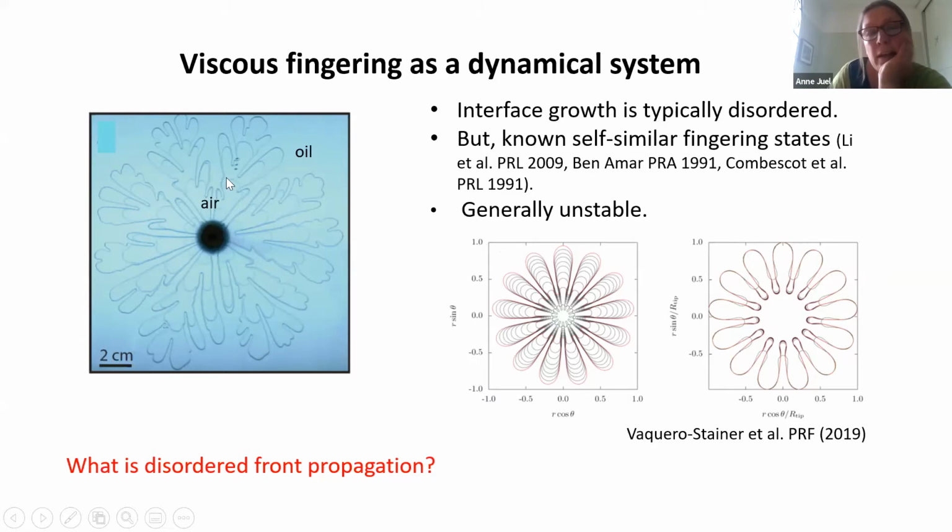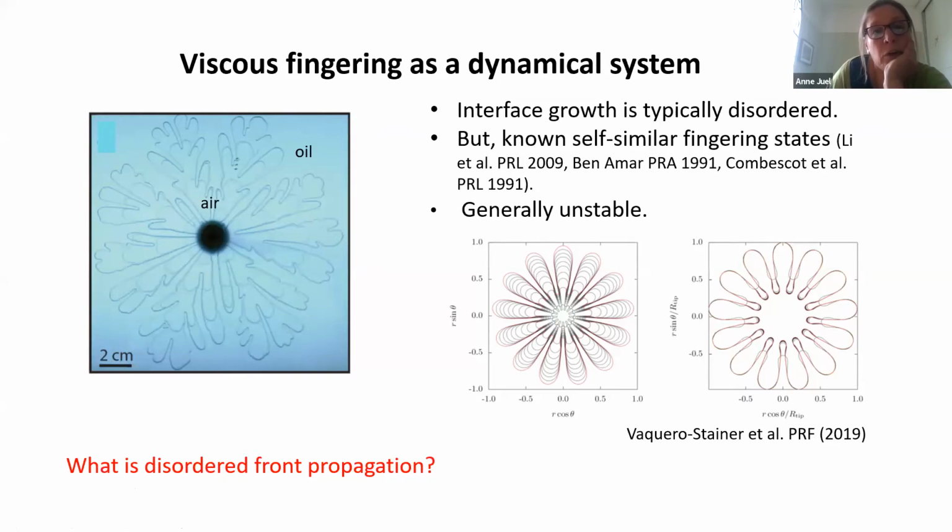So underlying this unstable front propagation, you have a whole set of unstable solutions that you don't typically see, but which are there. And so you can then start asking, well, how do they affect the front propagation? And so what is actually the dynamics, dynamically, of the disordered front propagation? And that, to my knowledge, has never really been addressed.